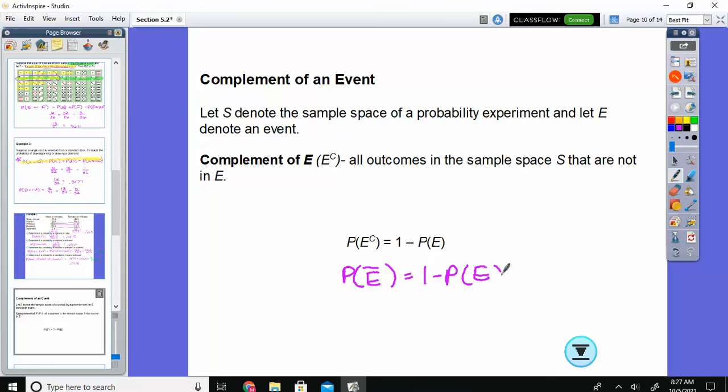That's just another way of writing a complement. So it's basically the exact opposite. Everything in my sample space that's not that value. We know the total probabilities add up to 1, so if I know the probability of being 5 or under is 0.3, then the probability of not being 5 or under will be 1 minus that 0.3, because together they make up the entire group.